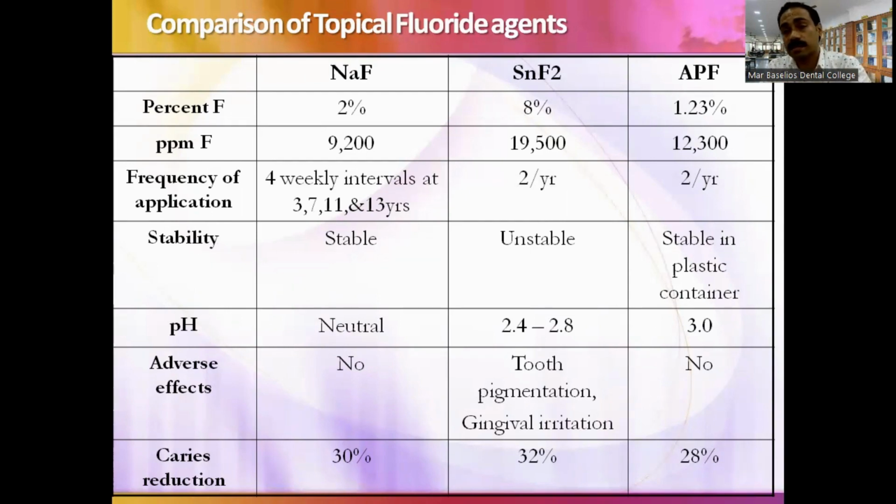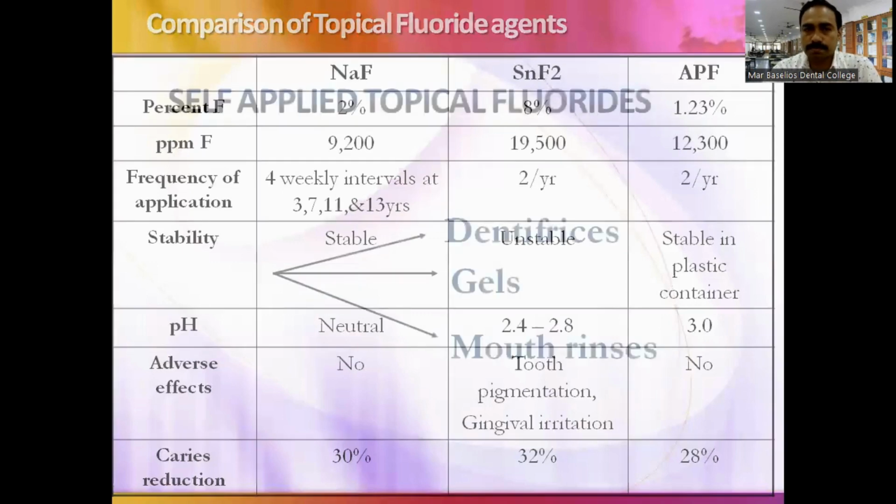But you can see the caries reduction is maximum in stannous fluoride, 32%. But because of all these disadvantages, we don't use stannous fluoride that much, but we use APF gel. Even though the caries reduction is less, it has deeper penetration and ease of usage. So this is the comparison of the professionally applied topical fluoride compounds.